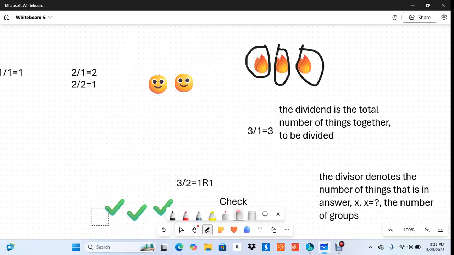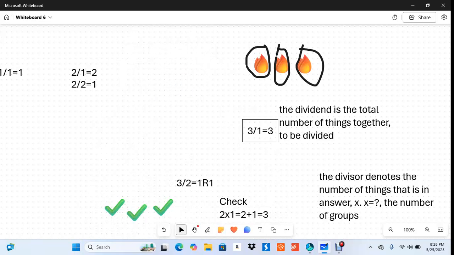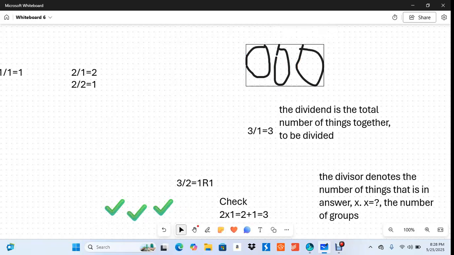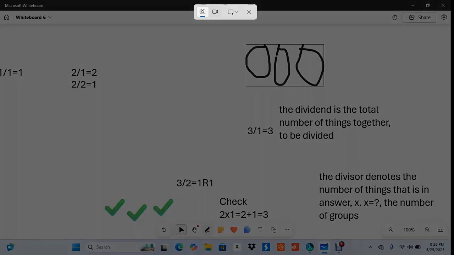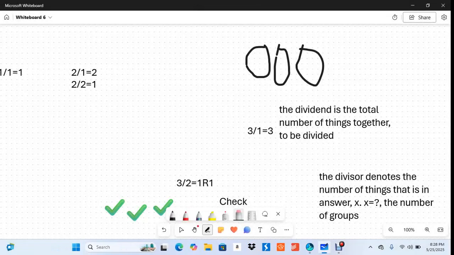Let me get rid of this. Delete. Okay, we're gonna be doing 4s. I just need to make some room on the whiteboard. So, let's go ahead. Erase this. I just need to make some room.